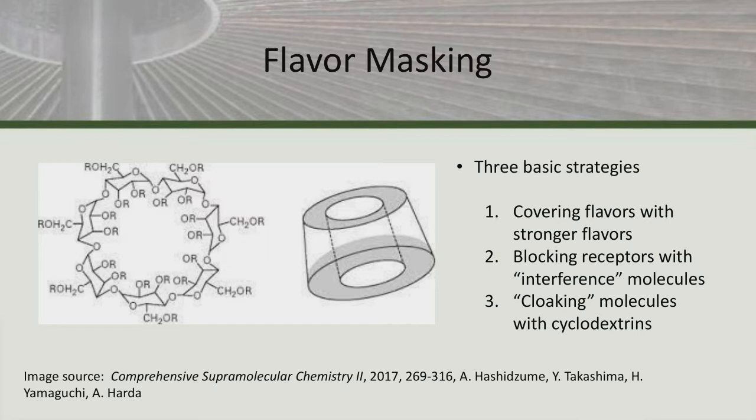And cyclodextrin is just a dextrin that is cyclical, and it creates, I forget the shape, a frustum, I think is the shape of it. It's like a three-dimensional cross section of a cone. But anyway, you can actually fit certain molecules inside of it. And so when the particle contacts the tongue, the cyclodextrin is blocking the receptors as the active ingredient gets absorbed.